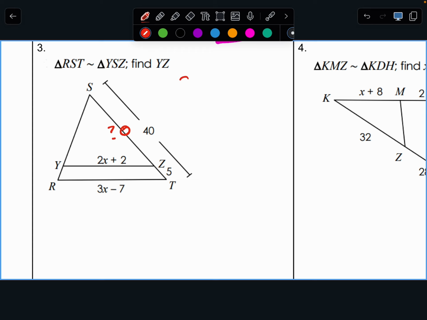What is SZ? How much? 45. And how'd you get that? 40 minus 5. So SZ is ST minus ZT. So this is 40 minus 5, which is 35. You just have to have that.